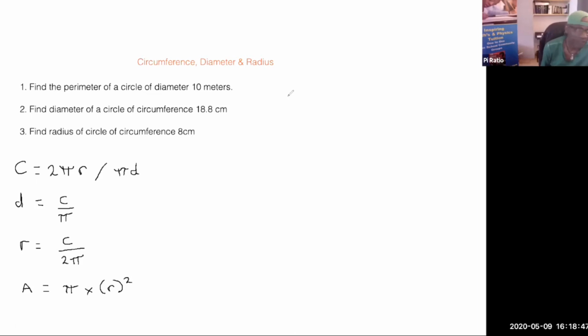So I have the formula for diameter, which is D. So D will be equal to C over pi. Okay, so C over pi is equal to, we know the circumference is 18.8, and we know pi is equal to 3.14.